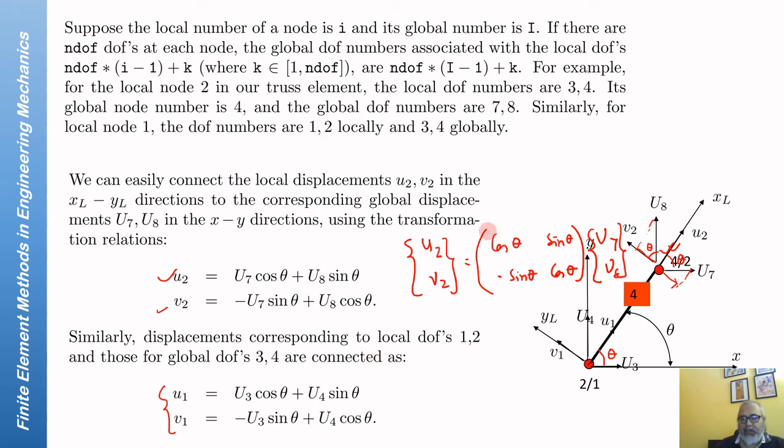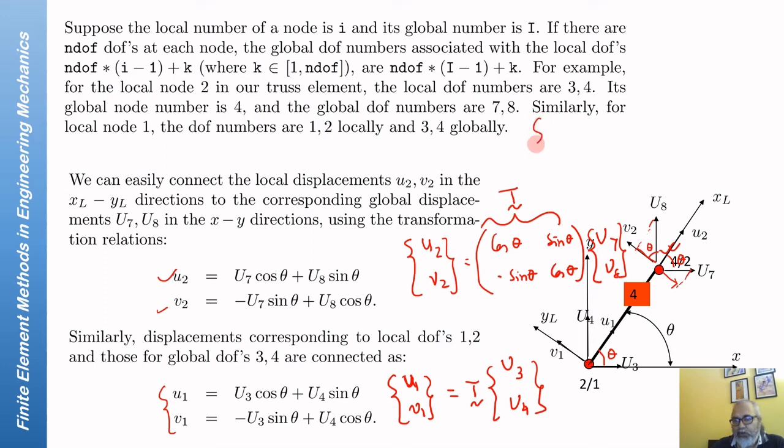Let's call this transformation matrix T, and similarly I can write U1 V1 equal to T times U3 U4, the same T as here.